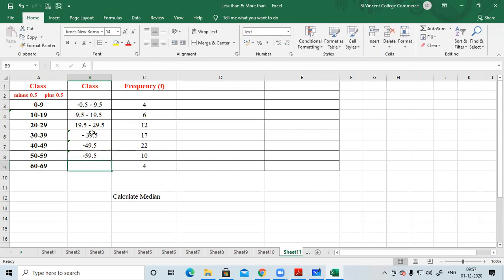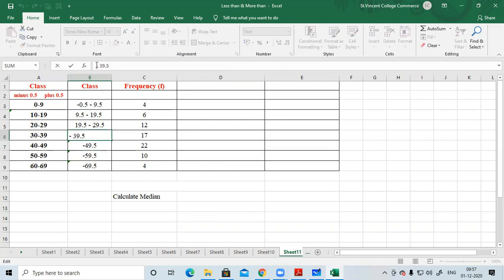Is that clear? And then 69.5. Children, kindly understand the dash is not a minus sign. Since it's Excel, it takes in a formula. So this is just a dash for me right now.